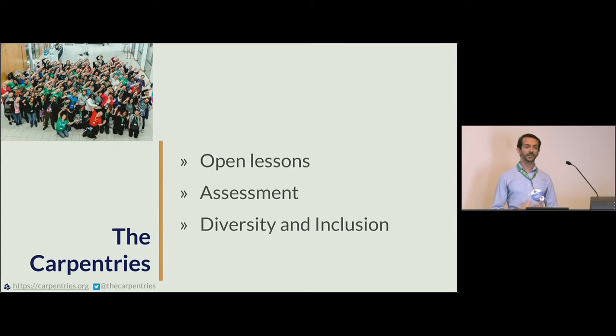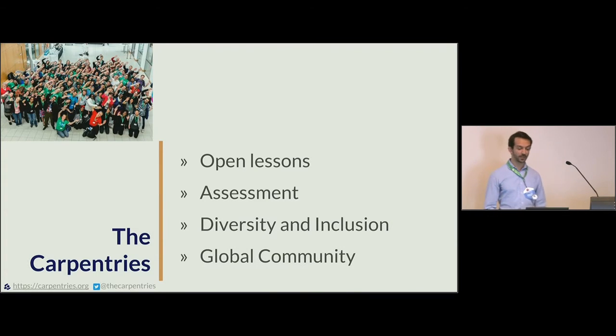We put a lot of emphasis on diversity and inclusion. We have a task force and a person on staff whose job is to make sure that our lessons are suitable to be taught to a diverse group of learners.